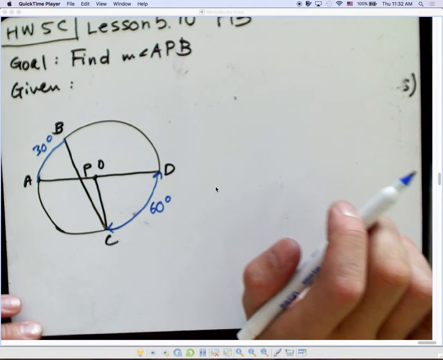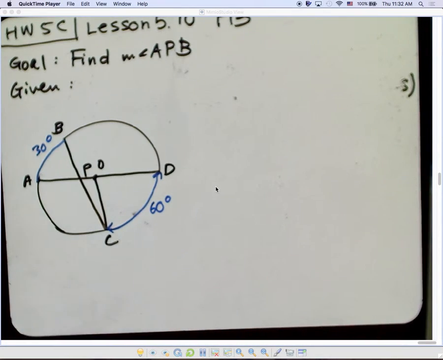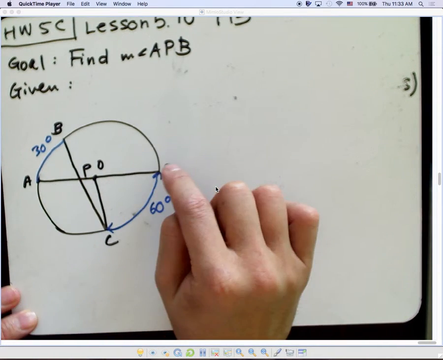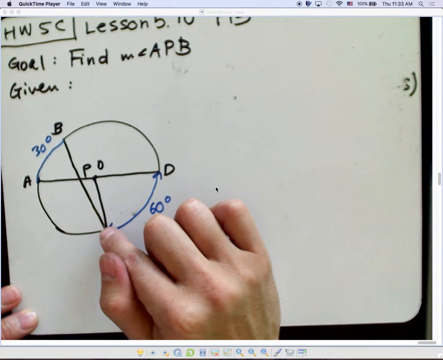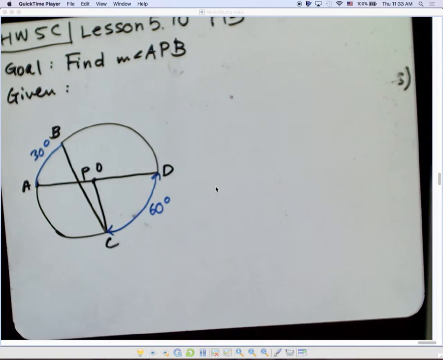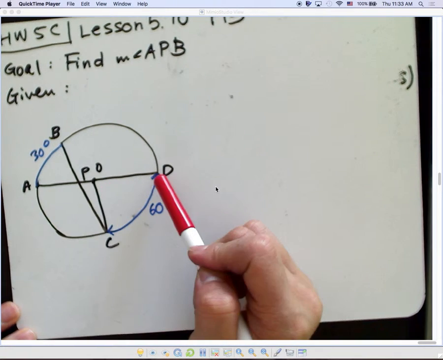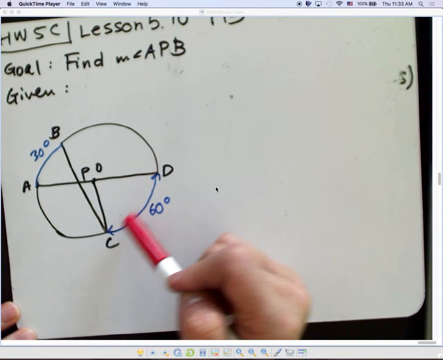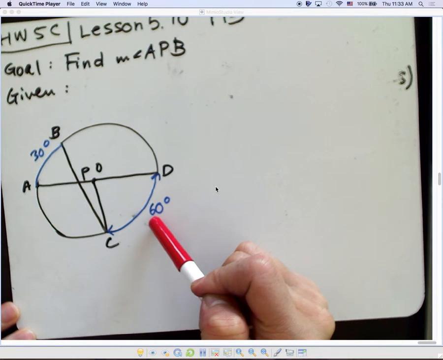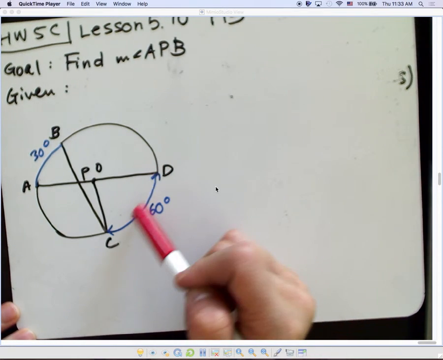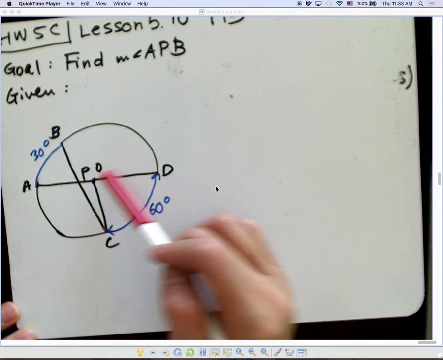The key here is to understand the relationship between central angles, chords, and arc measures. Central angles and arc measures are congruent. So if the arc measures 60 degrees, then angle COD is 60 degrees.